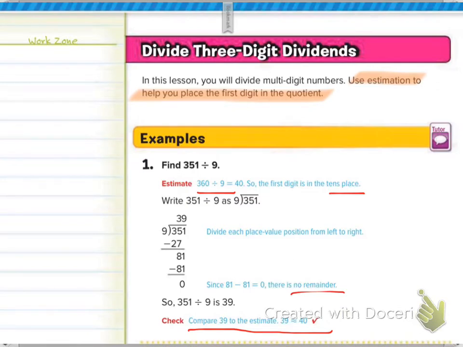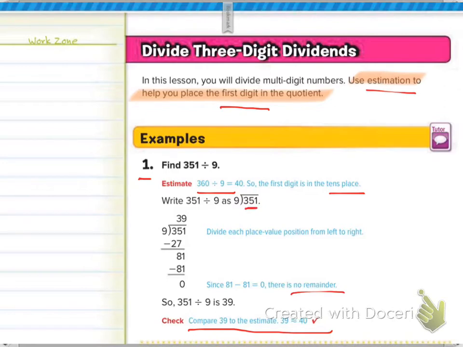Dividing 3-digit dividends. Okay, if you use estimation to help you, you'll figure out the first digit in the quotient. So if we take number 1, 351 divided by 9. 351 is the number being divided, so that's on the inside.